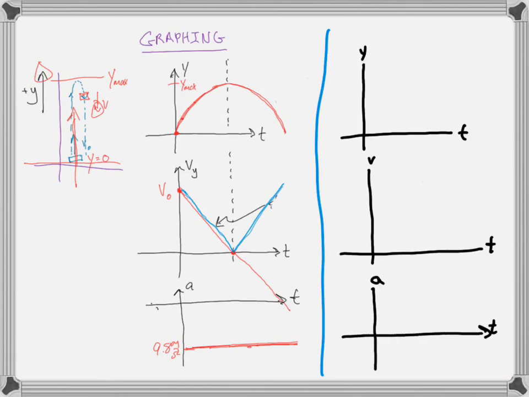Okay. Right at the bottom, if we're traveling at constant velocity, what is the acceleration? Constant velocity, you're not changing velocity, so your acceleration is 0. So it's a graph that goes along the x-axis, at a equals 0.